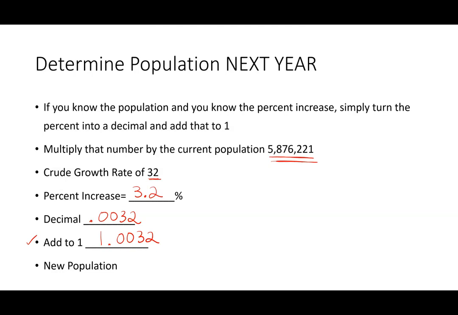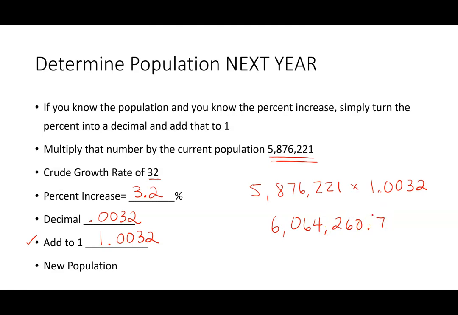So in this case, I know that it is 5,876,221. I'm going to multiply that by 1.0032, and that is going to give me a new population of 6,064,260.7.